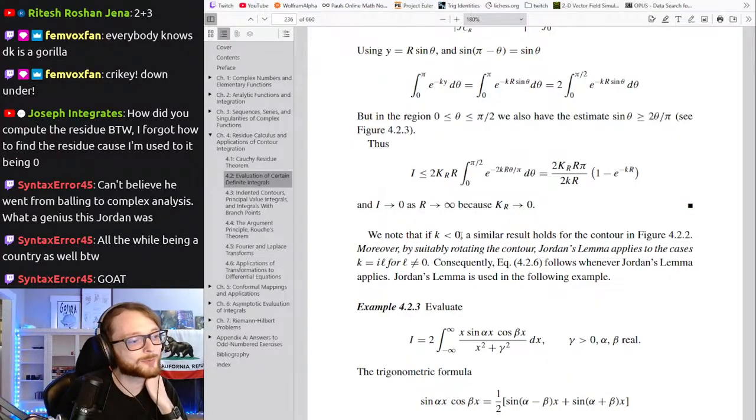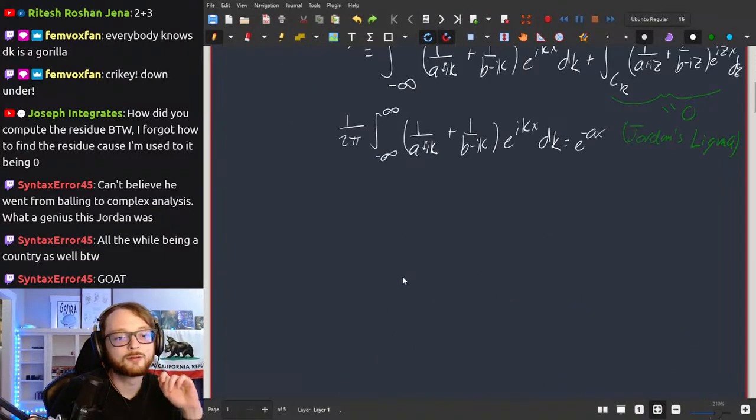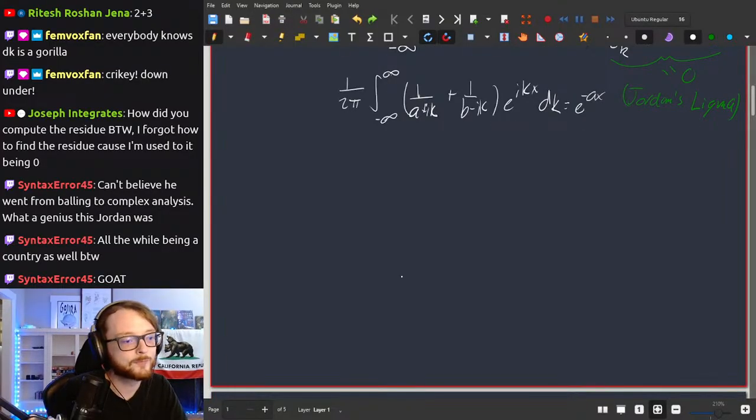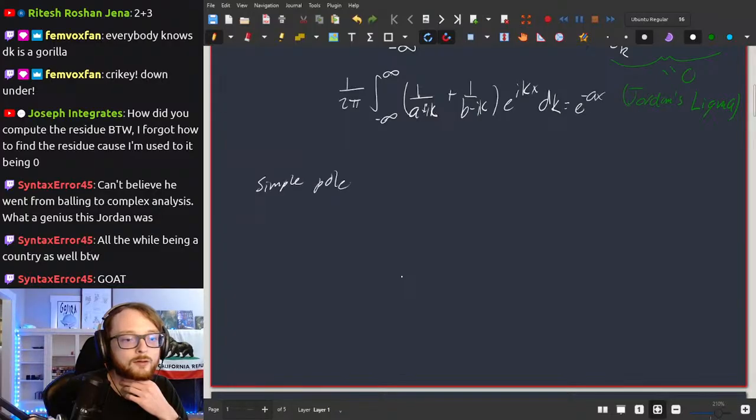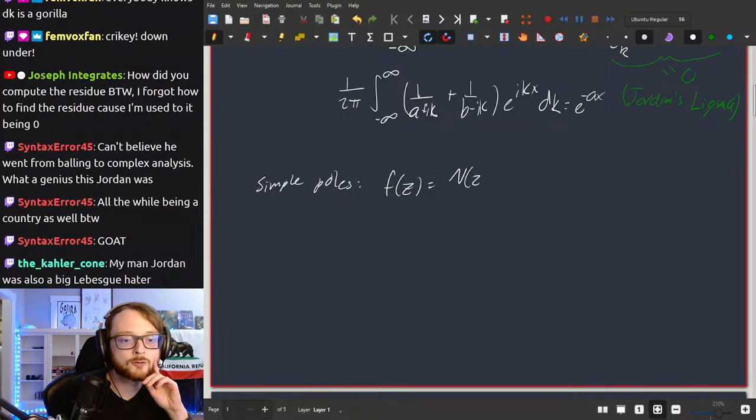How did I compute the residue? Oh yeah, for simple poles, there's a really easy formula. If it's a simple pole, f of z is equal to some numerator function over some denominator function.